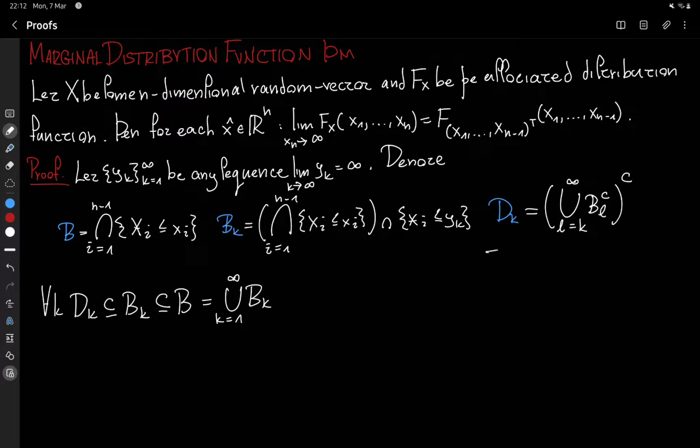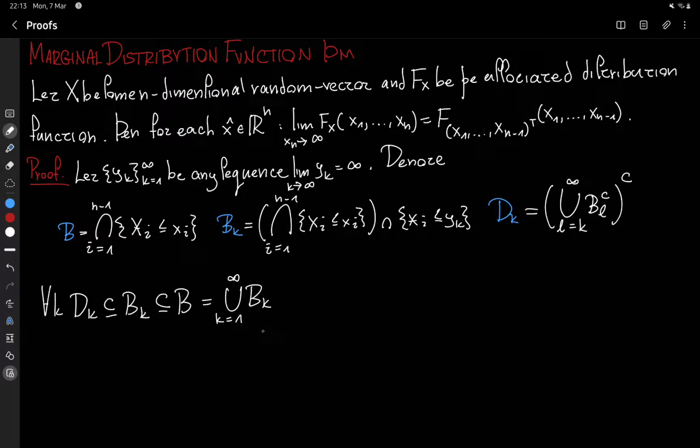Why is this true? Well, because D_k is a sort of intersection, but it will always have more sets involved than B_k does, and as such it will always be smaller. And why B_k is a subset of B is obvious, because it is the same set but intersected with some other set. So it's either the same or it's smaller, and this is by definition.